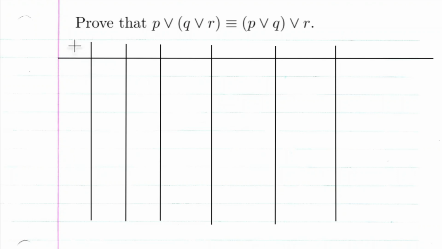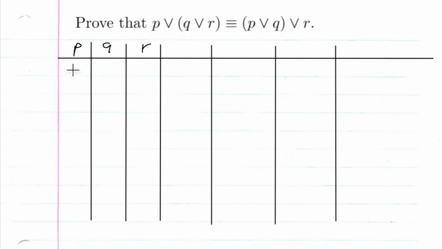So we'll have our three variables, P, Q, and R, because those are the three variables used. And of course, we need all possible true or false values between these variables or propositions.